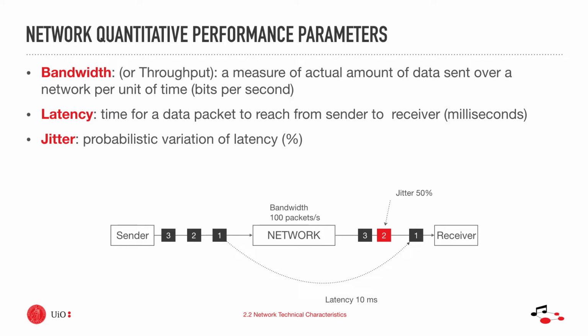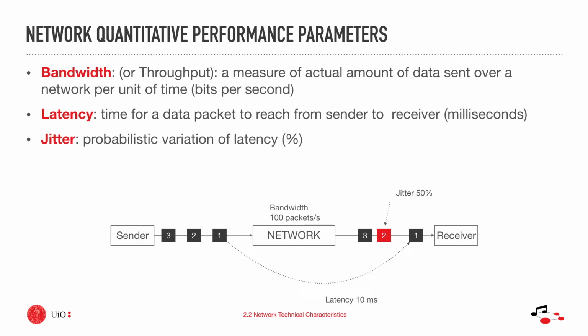Now let's try to be network specific. The bandwidth measures the amount of data that we can send over a unit of time, so megabits or gigabits per second. Sometimes you may use bytes, which is less common for networks, but remember that 1 byte is equivalent to 8 bits, so it's very easy to convert back and forth between bytes per second and bits per second.